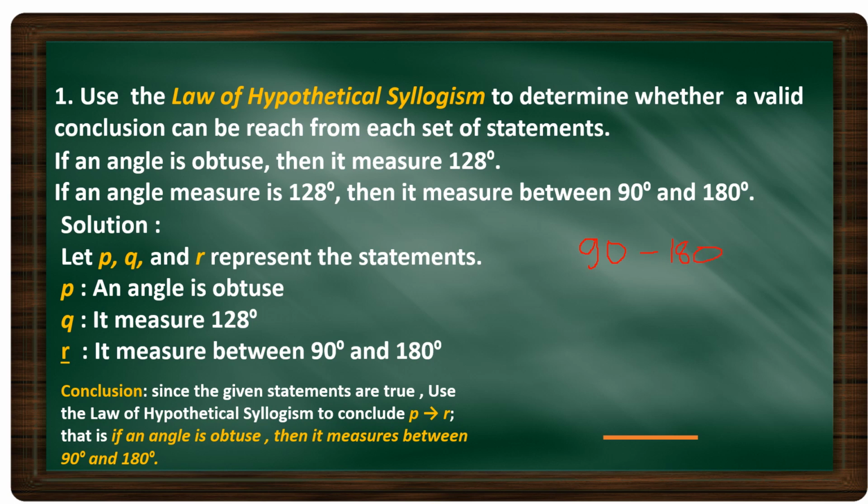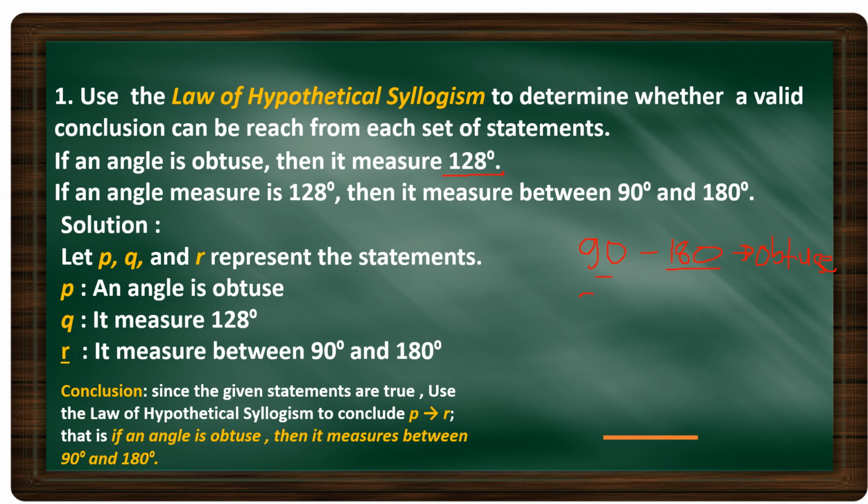Ano po ba yung given natin? Ang given po kasi natin is 128. Ang 128 ay makikita po natin sa pagitan ng 90 at saka 180. Tatandaan na pag ganito ang angle natin, ang tawag po natin sa kanya is an obtuse angle. So, lahat ng obtuse angle, ang kanilang measure must be in between 90 and 180 degrees.